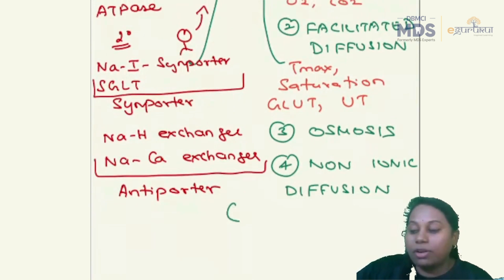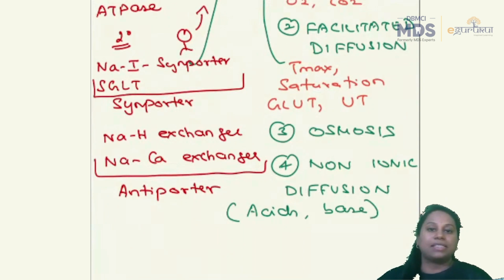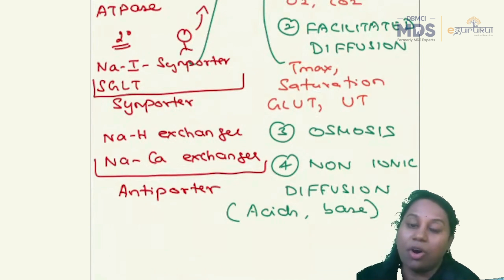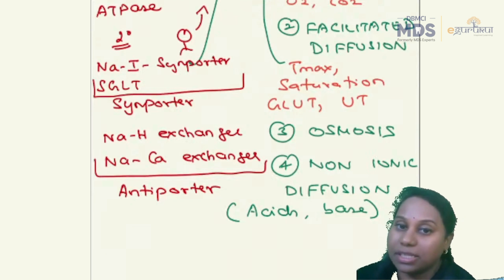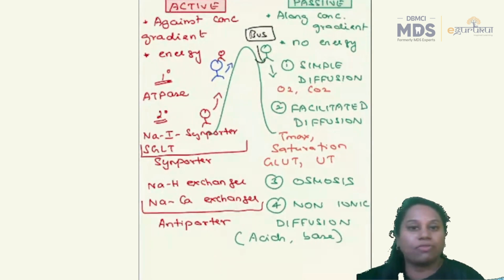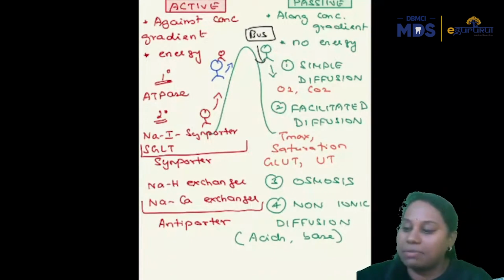Then for what? For weak acids and bases. Acids like salicylic acid absorption or bases like ammonia excretion. All this is non-ionic diffusion. These are the different types of transport mechanisms across the cell membrane.